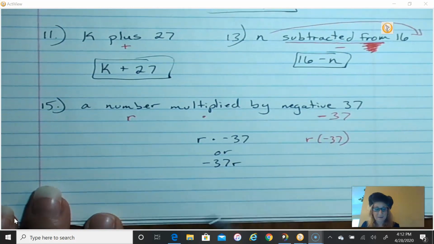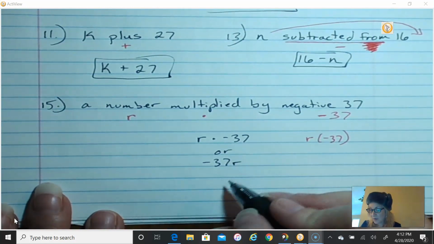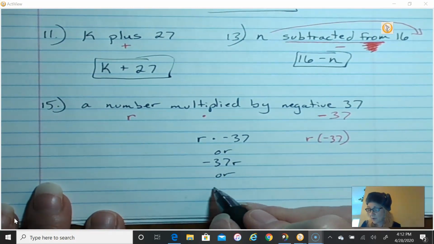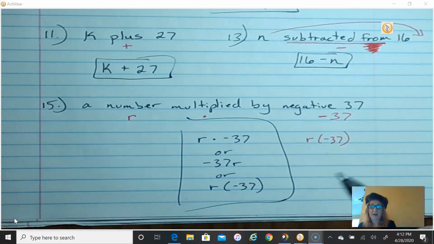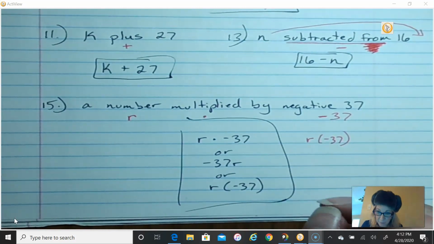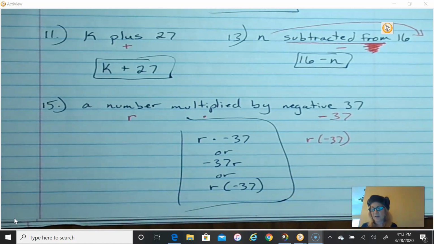But guys, I'm going to tell you something. I will not count off. No way, Jose, if you were to do it the other way, I'm not going to count off. I have to with the more than and less than rules. I have to. And any math teacher will tell you that. But I'm not going to be picky.